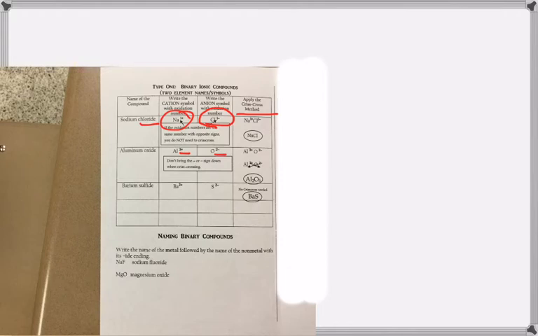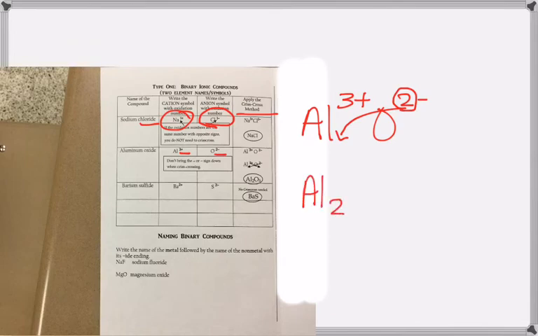So in order to get the charges to cancel out at the end, I need to do what's called the crisscross. So what we're really doing here is I take the 2 and I'm bringing it down behind aluminum. So Al2. Then I'm going to take this 3 and I'm going to bring it down behind oxygen, so then I have O3, and so that is my compound.